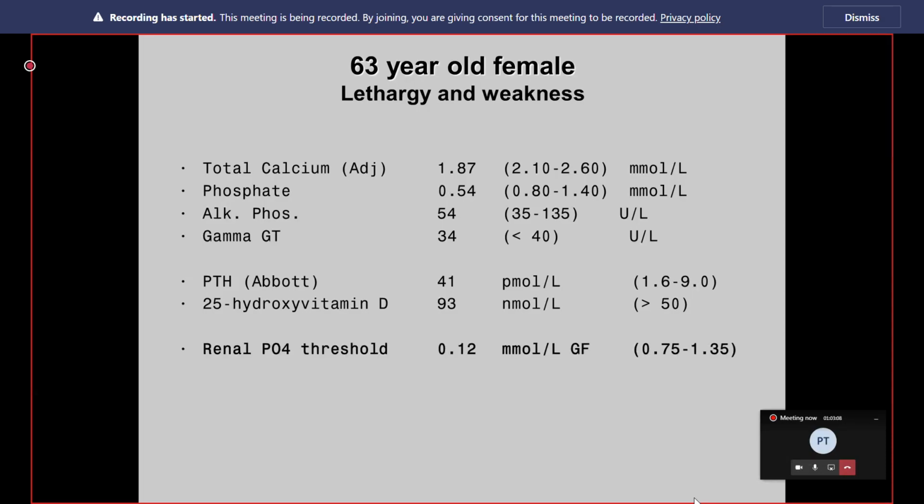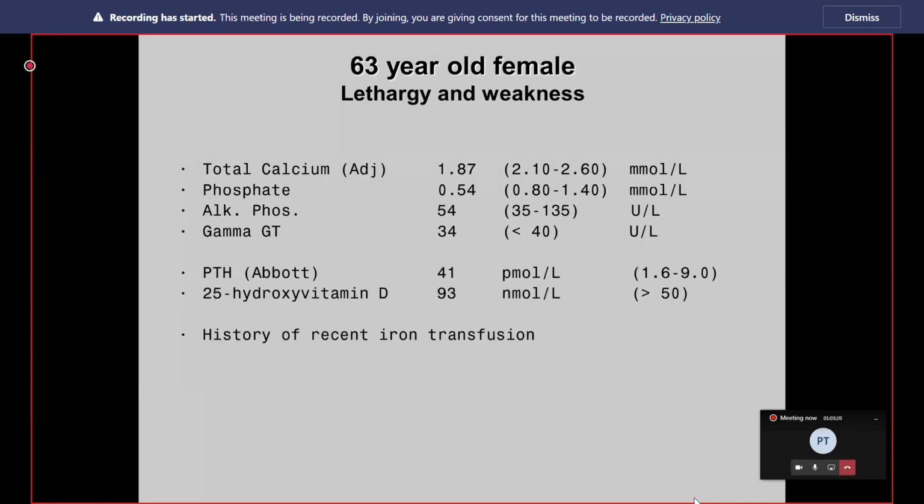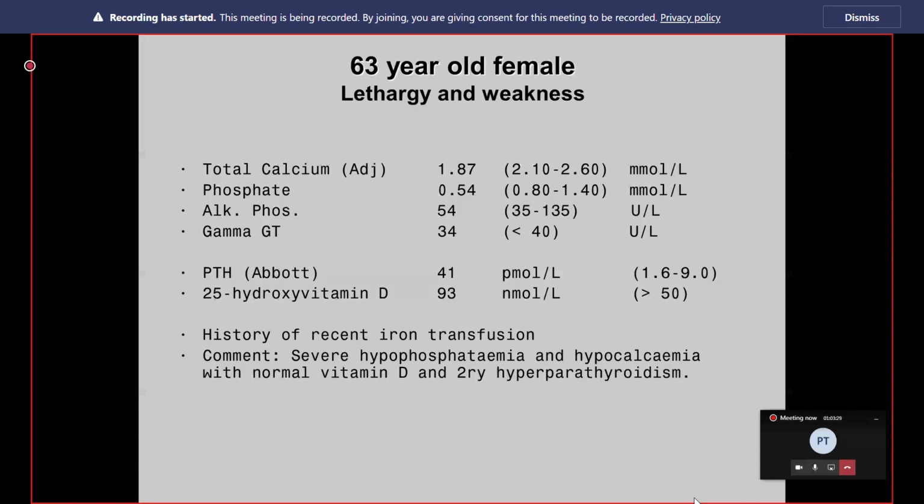Her renal phosphate threshold is very low, which suggests that she's losing a lot of phosphate in urine. What we found out was that the patient had a recent iron infusion. This is just to show you an unusual but not totally uncommon complication of iron infusion.